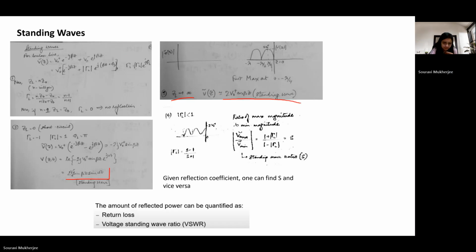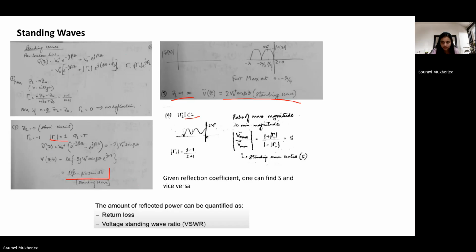Okay. So now for the case where your reflection coefficient has a modulus of 1, you can imagine that the maximum amplitude of the standing wave could be the summation of the two waves, which is like 2 V naught, and the minimum would be 0. Okay, that's the ideal case where the reflection coefficient is 1. But there can be situations where the reflection coefficient is less than 1, and that's more realistic.